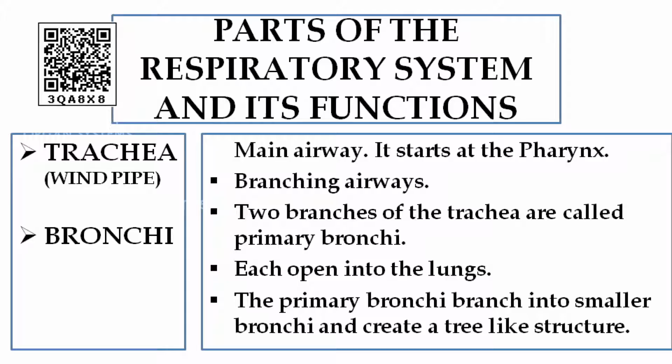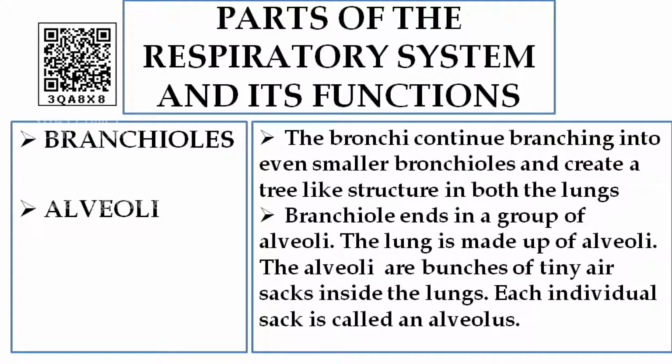Okay, the primary bronchi branch into smaller branches and create a tree-like structure. They are called bronchioles. The bronchi continue branching into even smaller bronchioles and create a tree-like structure in both the lungs. Okay, these are called bronchioles.